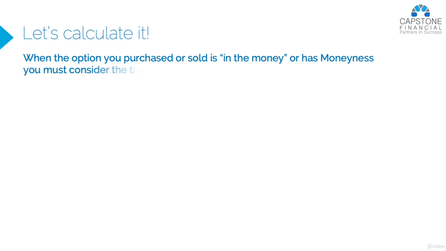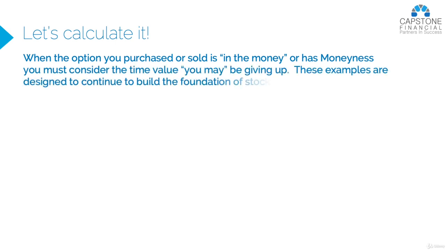When you purchase an option, if it is in the money or has moneyness, you want to make sure that you are not exercising it and losing time value. Time value has been brought up throughout the course thus far, and we are going to spend a significant amount of time on it because it is very important and it is semi-difficult to understand.